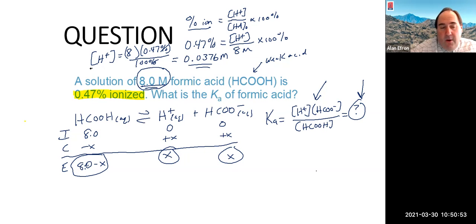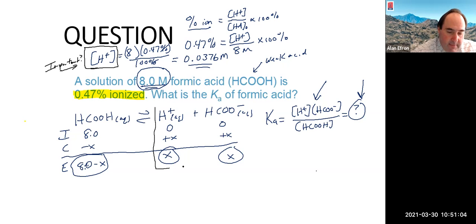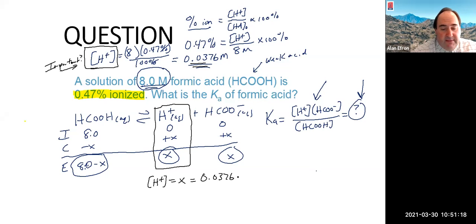Why would knowing the H+ concentration be important? Well, if we go back to our ICE table, we see that the H+ concentration at equilibrium equals X. And now that we know the H+ concentration is 0.0376 molar, we have the value of X for our ICE table.